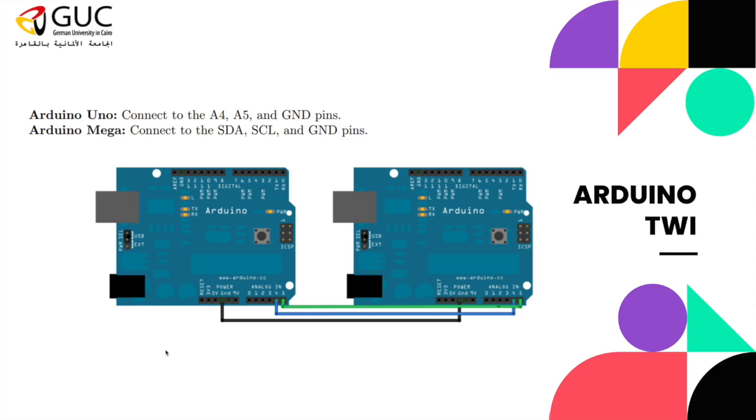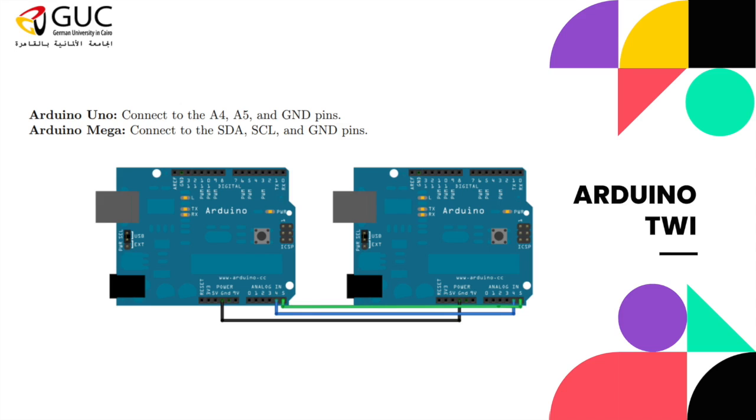So we have the two main lines of the two-wire interface or I2C, which will be A4 and A5, representing the SDA and the SCL, and it is a convention. So for Arduino Unos, SDA and SCL are A4 and A5, not any other two pins. It is defined for these two specific pins.